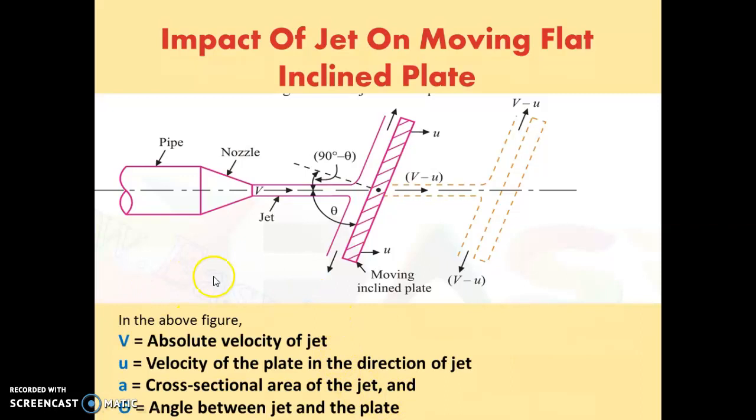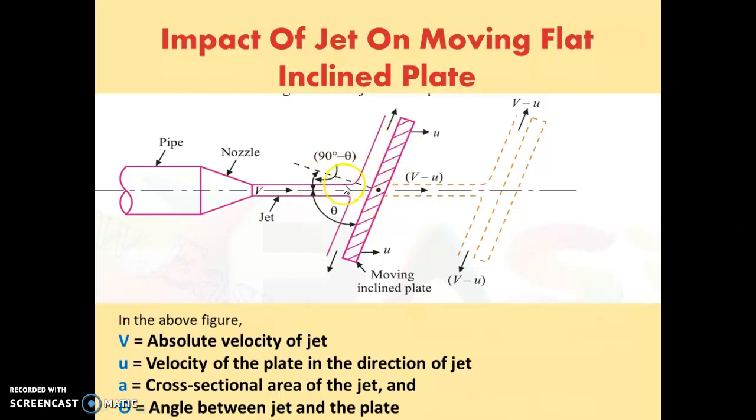Now, if we see the diagram, we see that the jet strikes the plate at an inclined angle. Always we know that the force on any object should always be normal, or perpendicular.